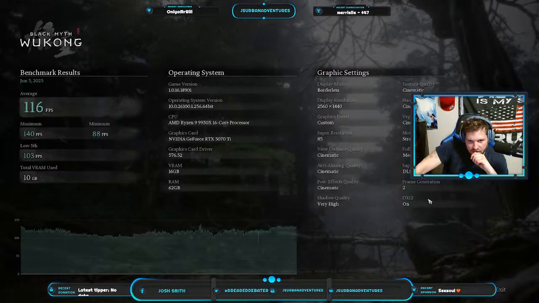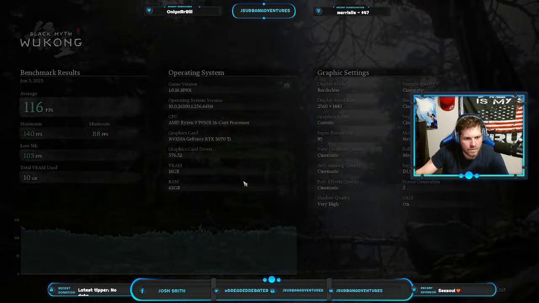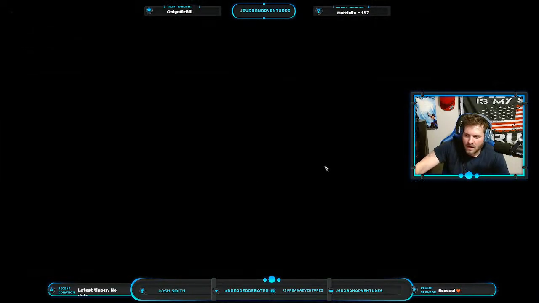So if we go to no frame generation, we'd have to reduce a few more things to stay consistently over 60. Motion blur strong. I might want to take the motion blur down a little bit. Okay. I think that was good.